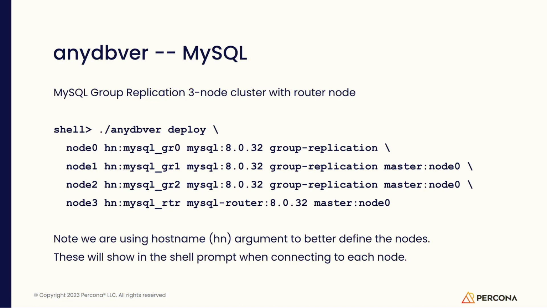We're going to say, okay, set up group replication. And in the case of node 1 and 2, we're going to say master is going to be node 0, because in group replication, you can have a single node that is the primary at any time. You can configure it to not be like that, but this is the safe way to use it, let's say. And then we are adding a fourth node, which is going to have MySQL Router installed, pointing to node 0.